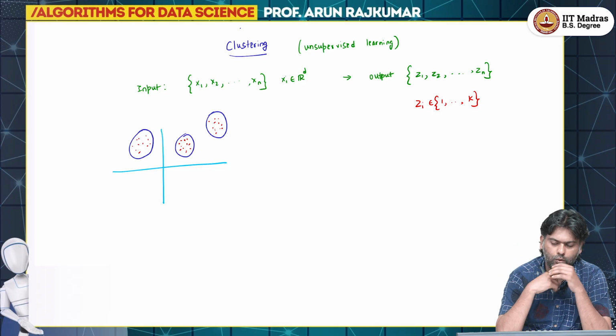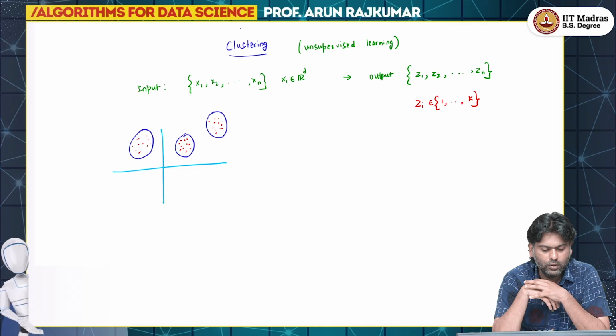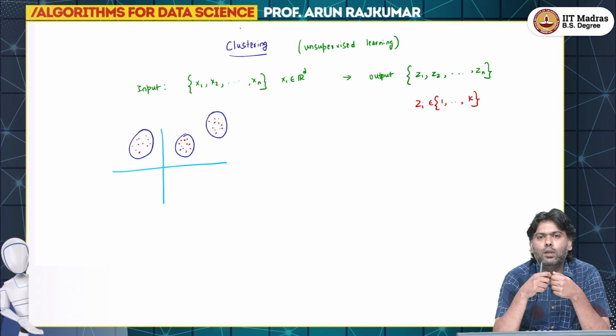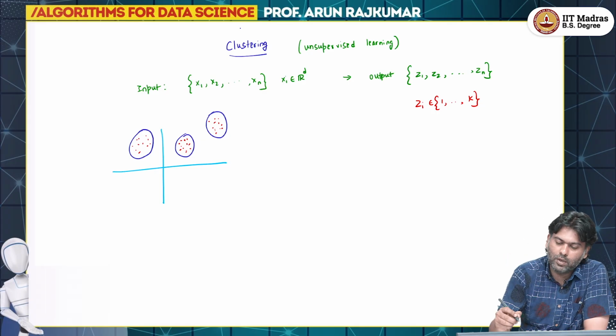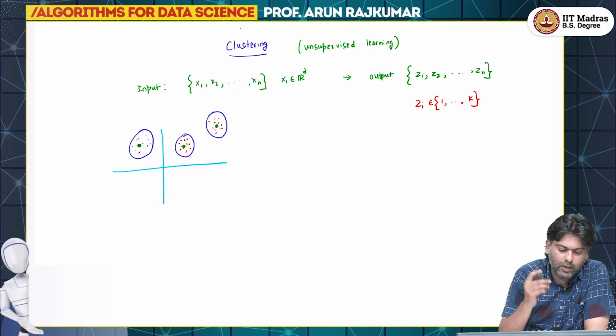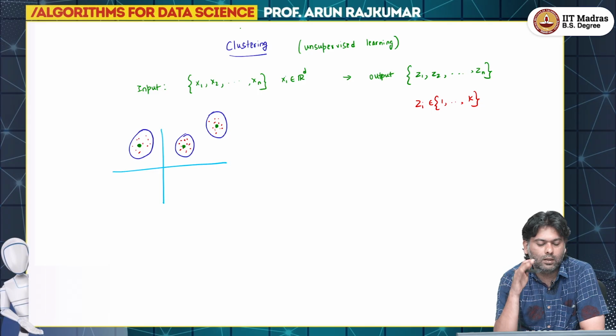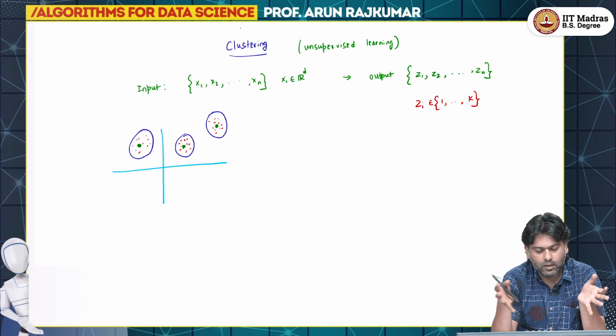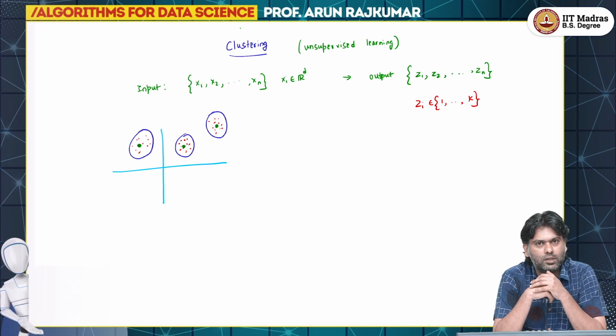So one of the ways to think about this is, if we know that there are 3 clusters, we can imagine that actually there are only 3 points in my data set, and the remaining points are some noisy version of these 3 points. For example, the actual 3 points may just be this point, this point, and this point, and when the data set was generated, instead of having these 3 points, we got some noisy version of these 3 points, which made the, let's say, 100 points that we have in this data set.